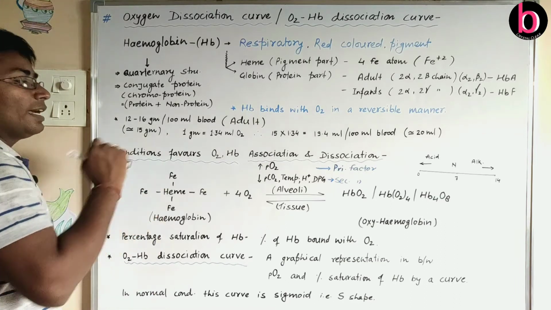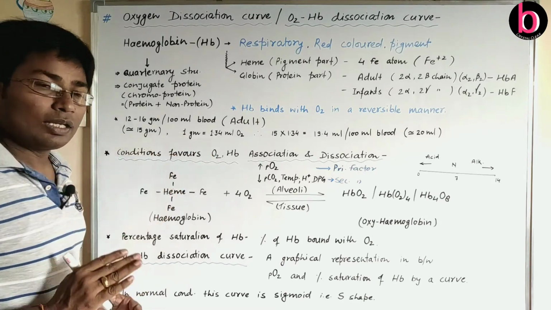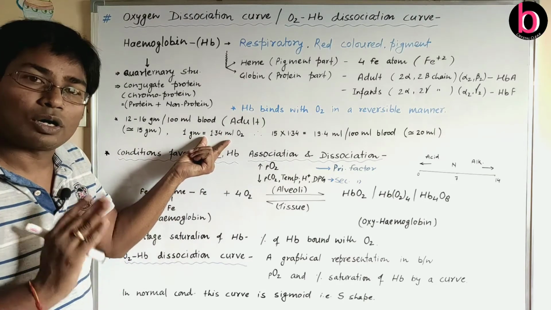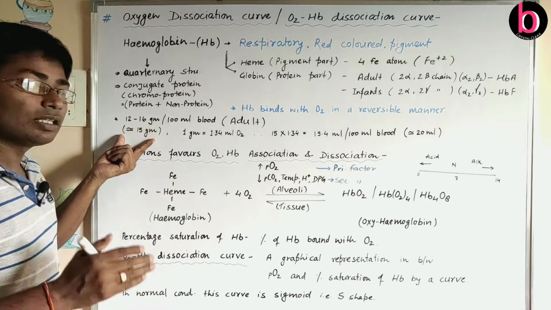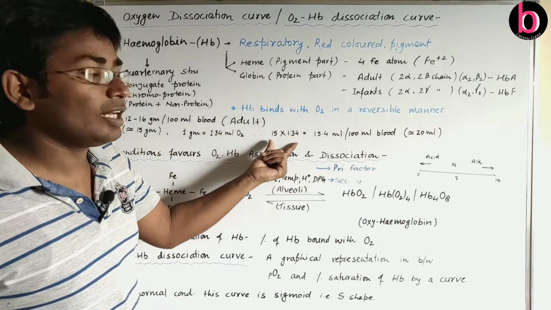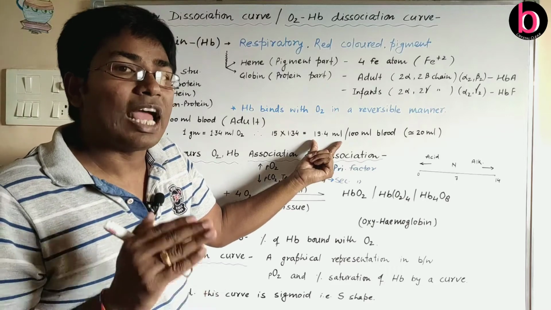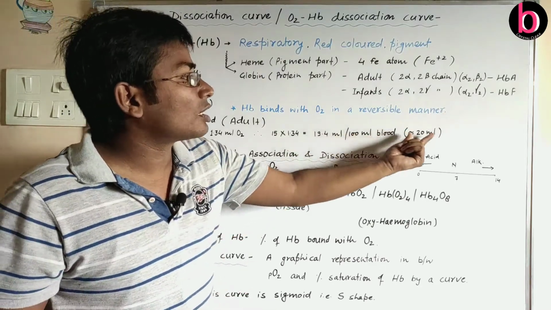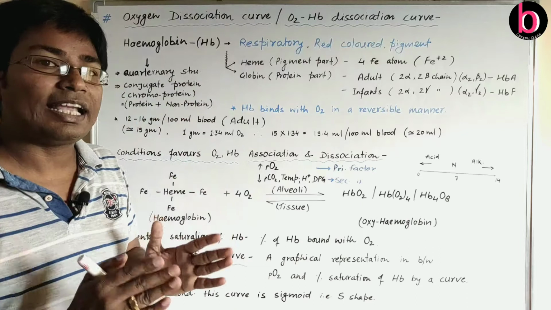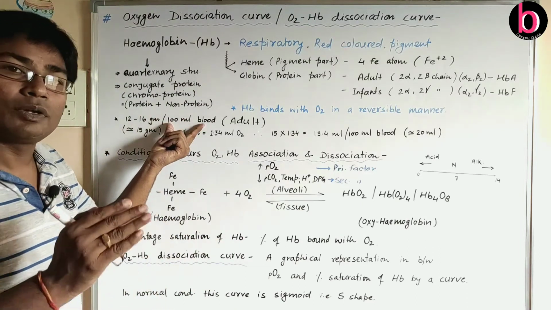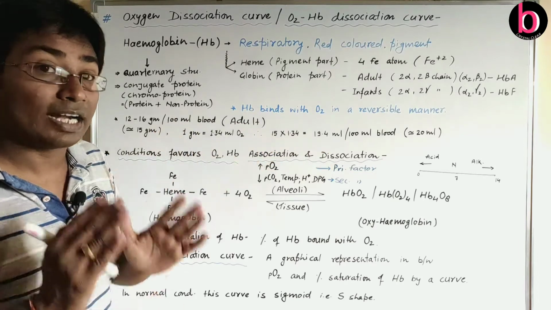Now 1 gram hemoglobin is capable of carrying 1.34 ml of oxygen. And here we have 15 gram, so 15 into 1.34 is 19.4 ml exactly, or roughly we can say 20 ml oxygen is carried by 100 ml of blood in an adult person.